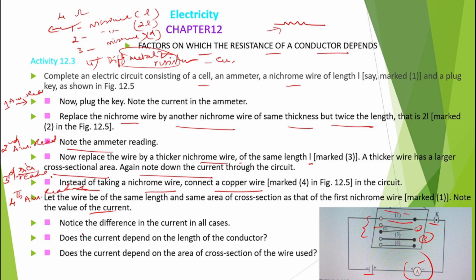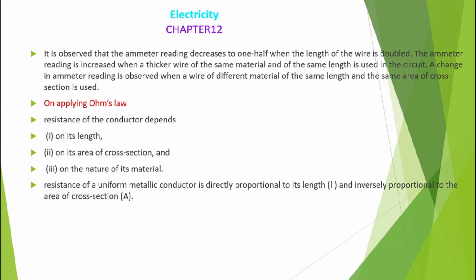Okay. So note the difference in the current in all the cases. Just you see what is the difference. Does the current depend on the length of the conductor? Does the current depend on the area of the cross section? Yes. So it is observed that the ammeter reading decreases to 1/2 when the length of the wire is doubled.